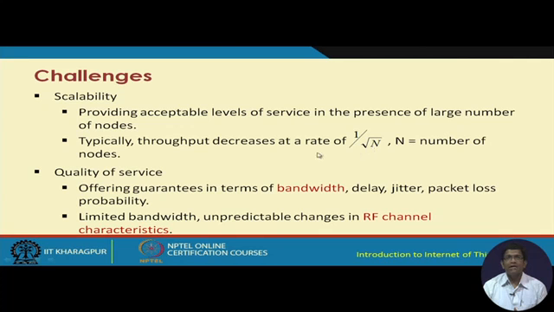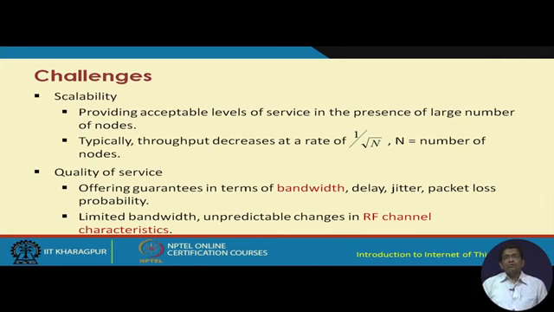From 4 to 8, 8 to 16 and so on, the throughput decreases quite fast. So, how are you going to handle the issue of scalability in sensor networks? Because in sensor networks we are inherently talking about networks with a large number of nodes, so how do we handle the throughput decrease in this manner?